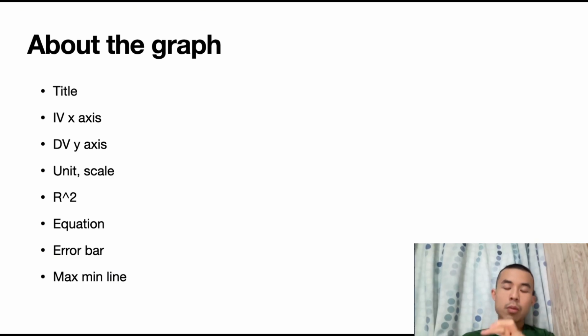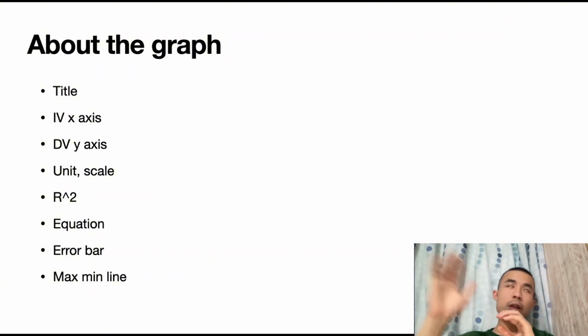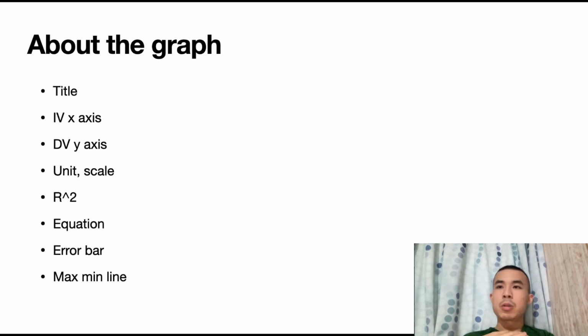If possible, I would say this one may not be necessary, and even the IB mentions that you don't need to add error bars and max-min lines. But if you want to aim for a high tier work, and if it's a linear graph, it's always better if you add error bars and max-min lines.